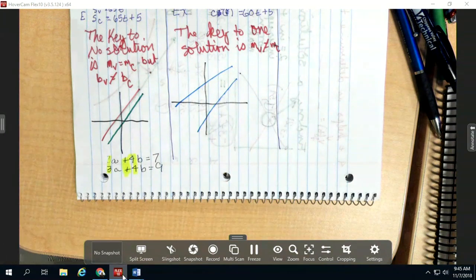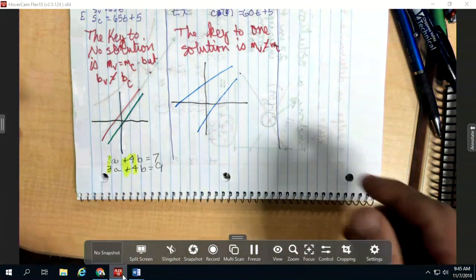Towards the upper right, correct? You would go farther forward and farther up. Why? Because they're getting closer together. So we say there is a solution because the lines cross, but just on our paper, they don't have to cross. They just have to have a different slope.